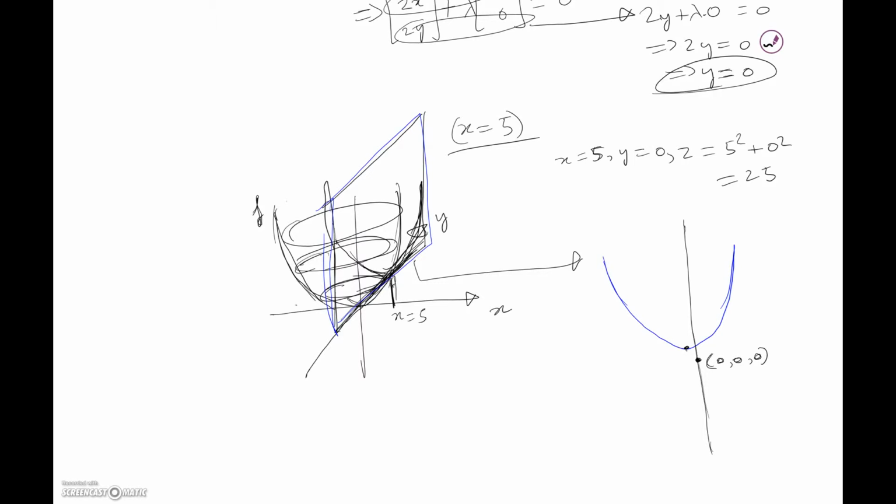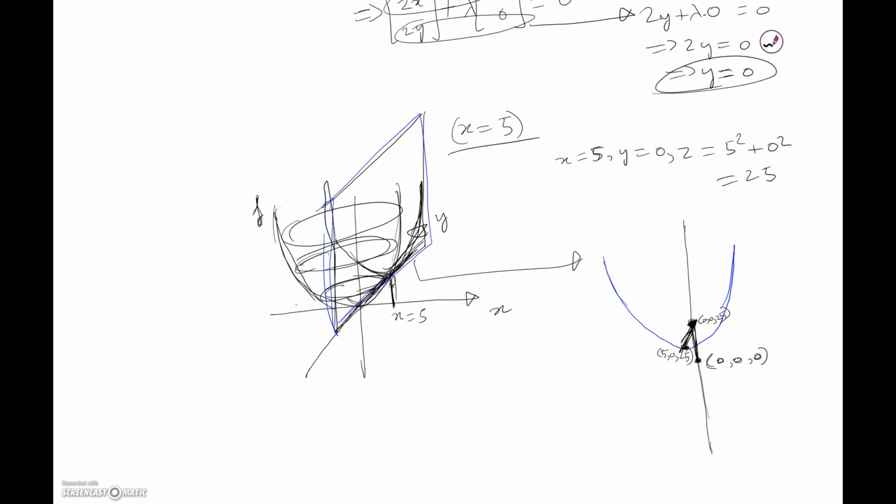And let's take the point we already know that the constrained problem is optimized at, which is x5, y0, z25. And now let's take a special point on the z-axis, which is x0, y0, z25. If we draw a plane from this point perpendicular to the z-axis, or parallel to the xy plane, it will end up being tangential to the parabola at this point.